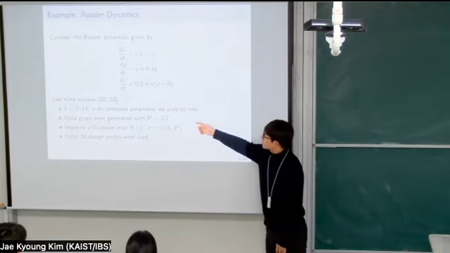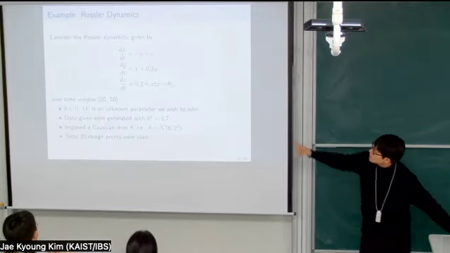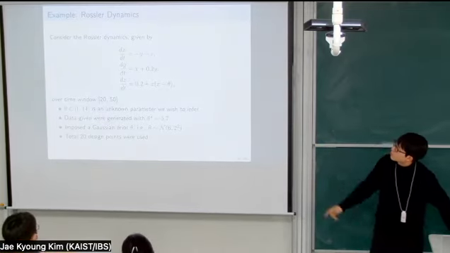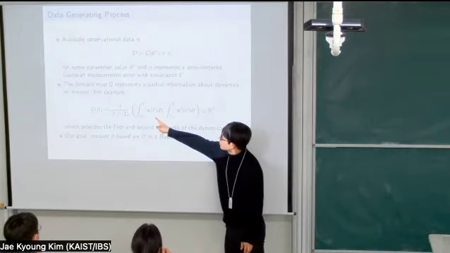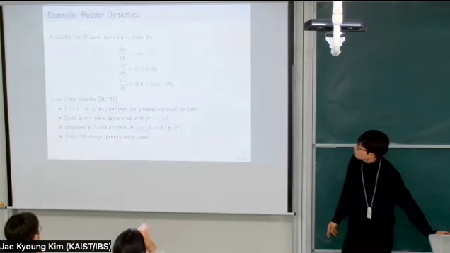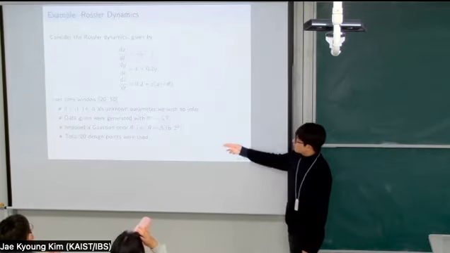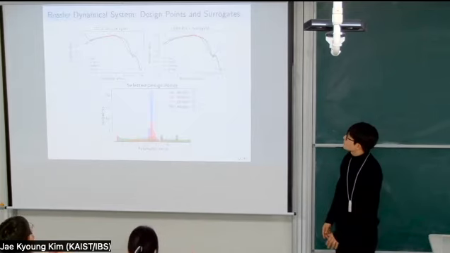Suppose the data was generated with θ equal to 5.7, so I solve this equation with θ plugged in as 5.7 and take the average of the solution over the time window 20 to 50, impose the Gaussian prior, and here's the objective function.